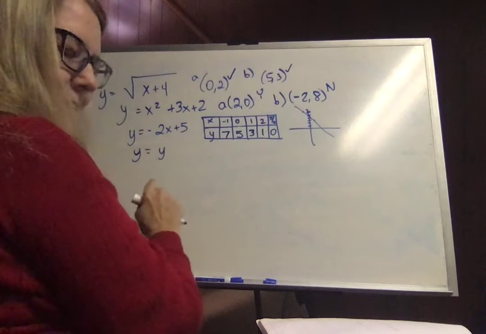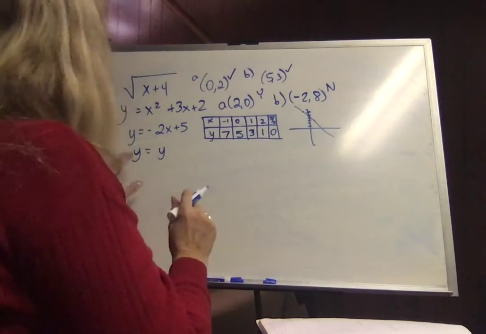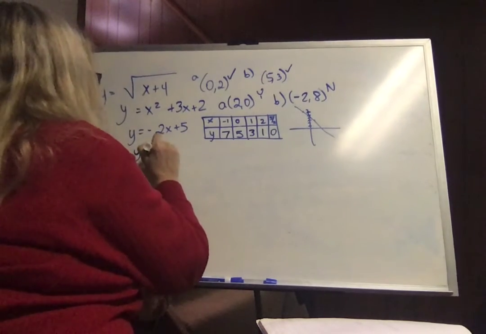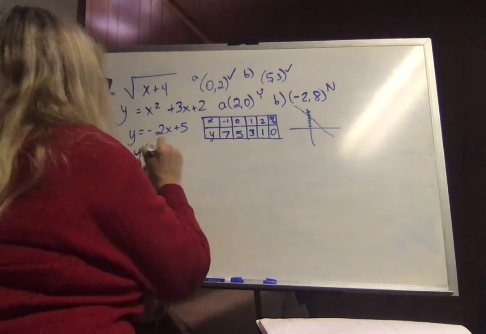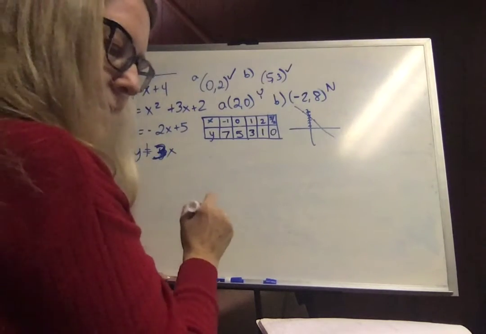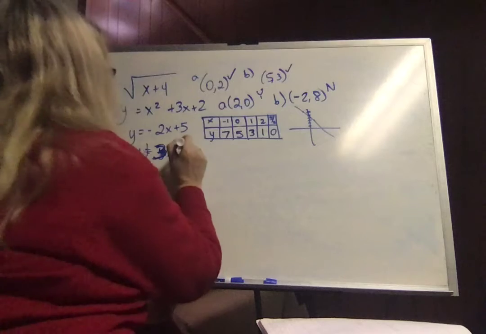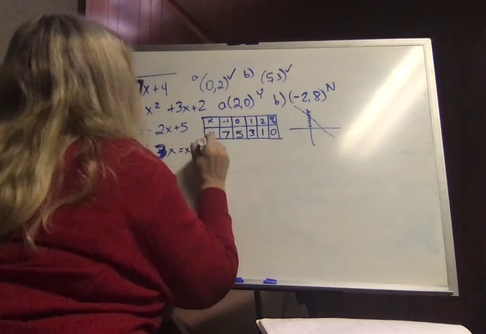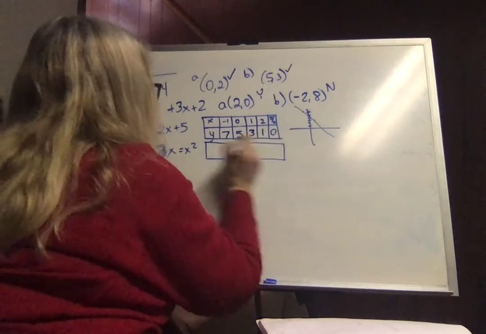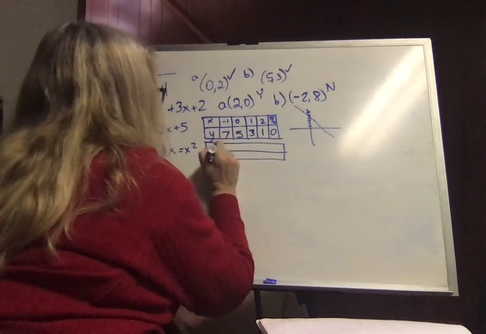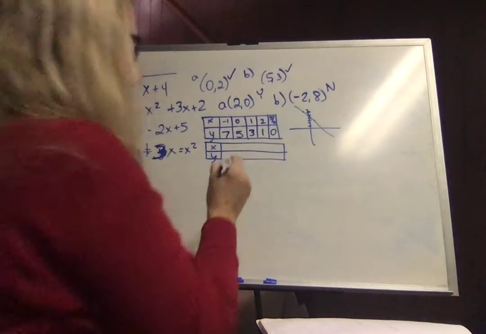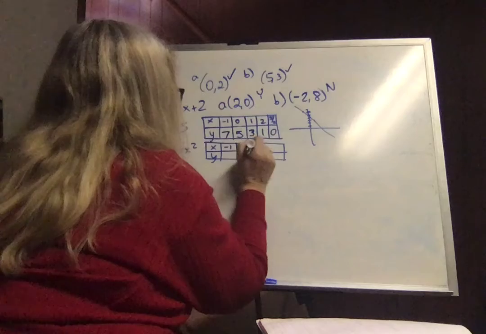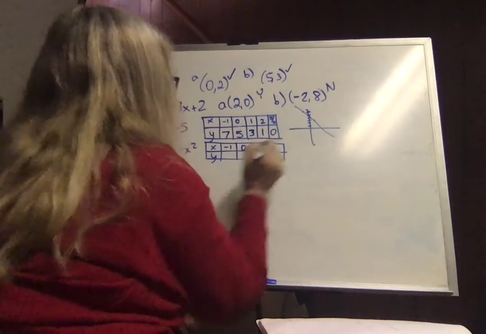Whoops, y equals x squared. And again, they'll give you the x, you find the y. So if it was negative 1, 0, 1, 2.